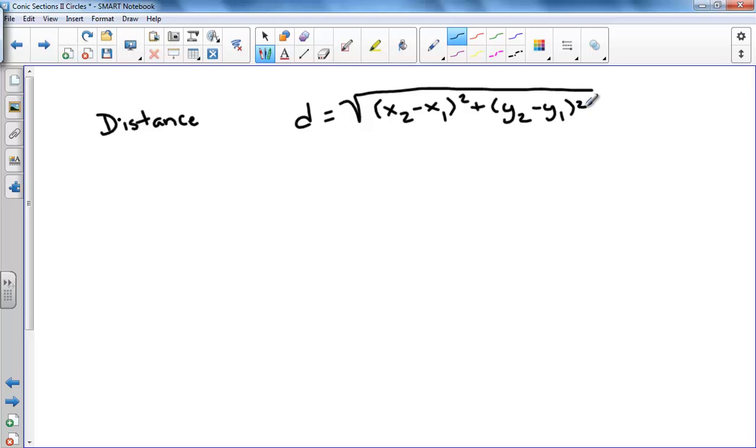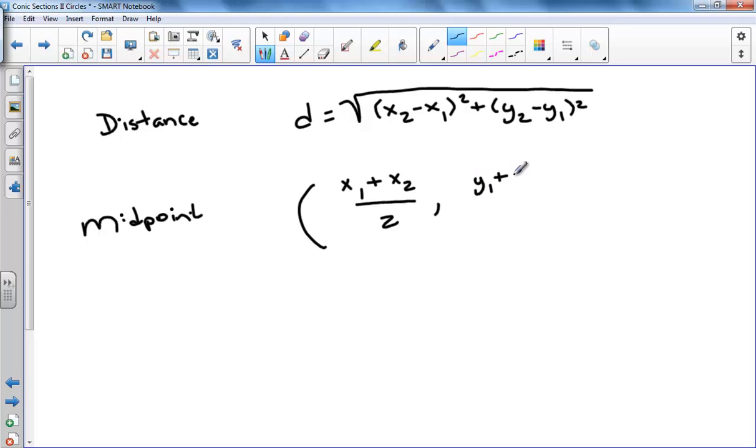So there's your distance formula. And then if you need the midpoint formula to find the x value, you're going to do your x1 plus x2 divided by 2, and then to find the y value of your point, you're going to do the y value. So you're finding the average, basically, of the 2 points for your midpoint formula.